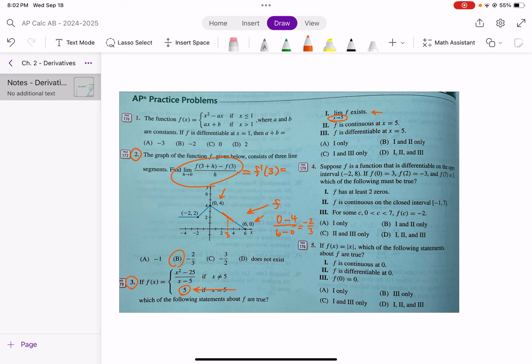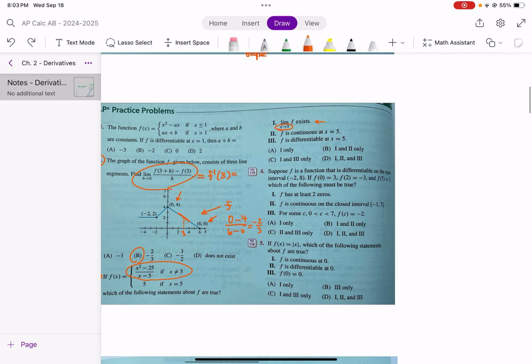What we look for is, okay, what's happening around 5, which is the concern of this piece of the function here, right? X is not equal to 5, but if it's a little bit less or a little bit bigger than 5, this piece of the function is engaged. So the point is, if I can take the limit of that piece and it gives me a numerical answer, then that limit exists, right?